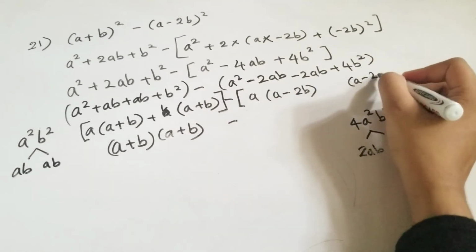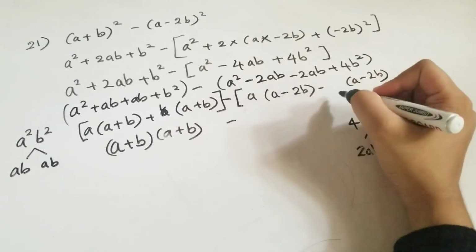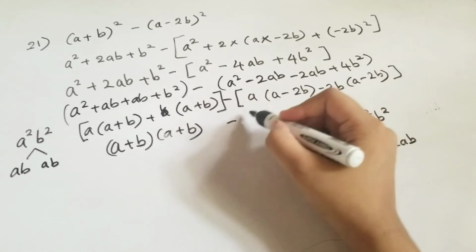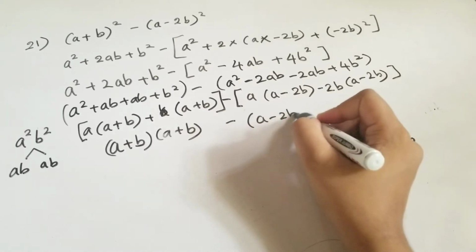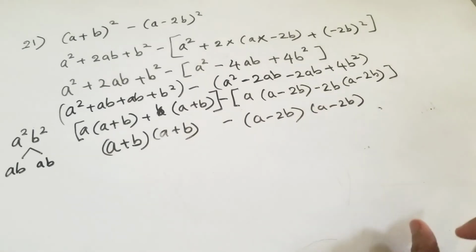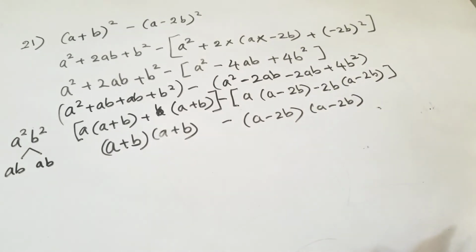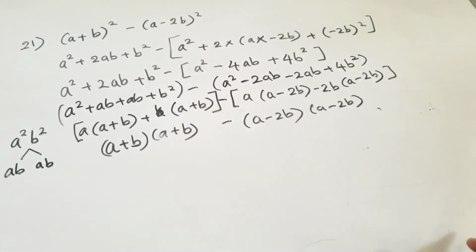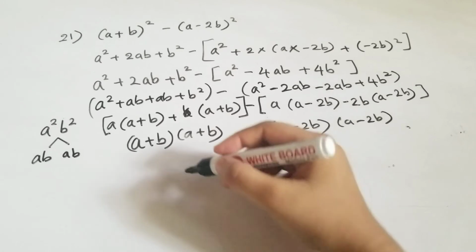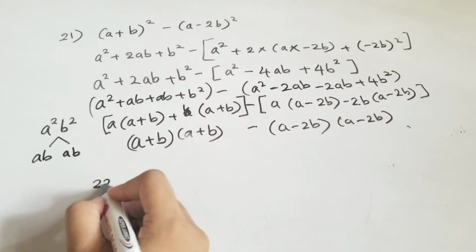Again I write (a minus 2b) here, minus 2b. So the factors are (a minus 2b) and (a minus 2b). So see, this is the answer: (a plus b) factor one and (a minus 2b) factors. Can we simplify it further? This is enough. Always this is enough, okay?